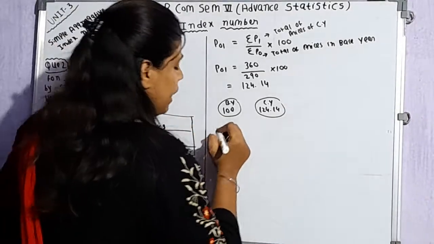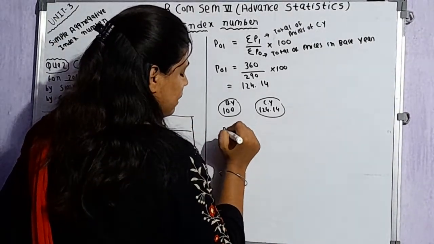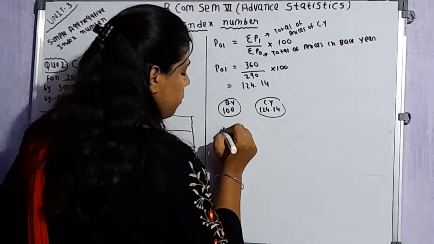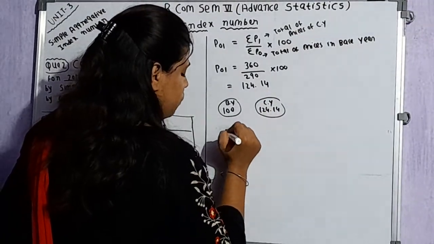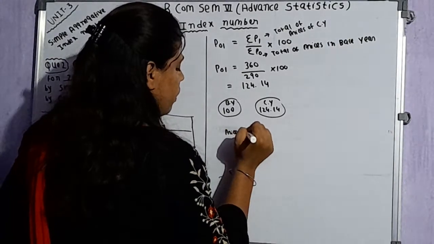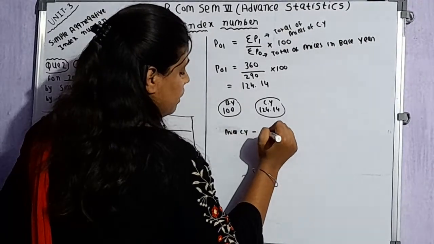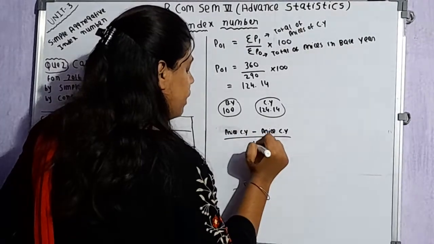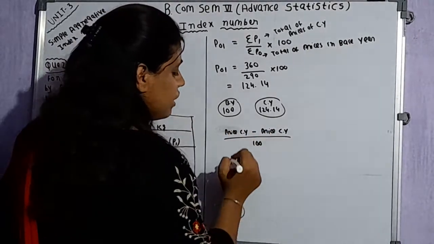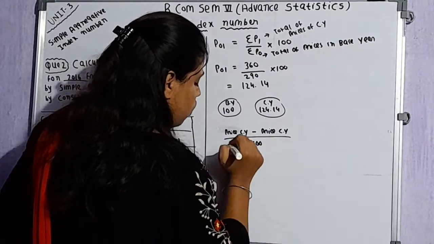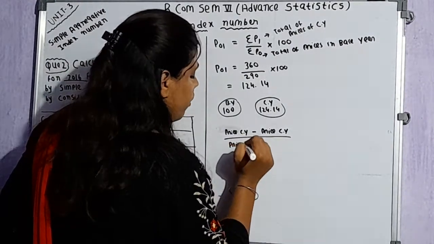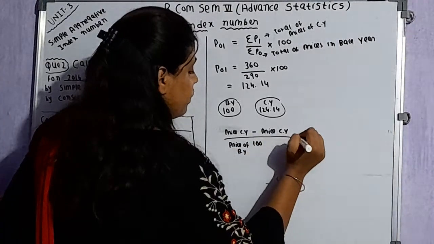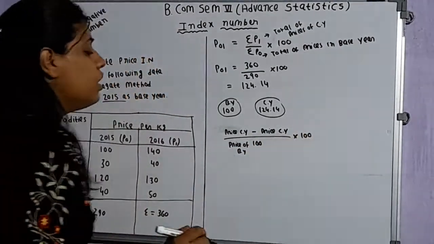It is the index number of the current year minus the price of the base year, which we consider as 100, upon the price of the base year, into 100, because we have to compute the percentage.